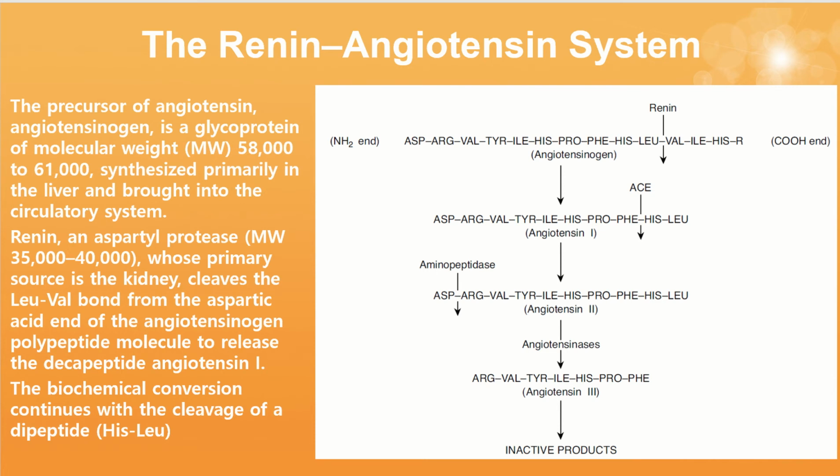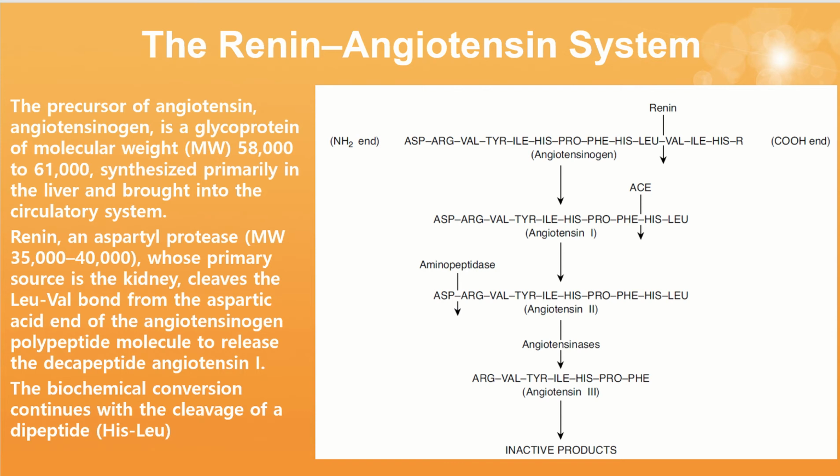So the precursor of angiotensin is angiotensinogen, and it's a glycoprotein of molecular weight 58,000 to 61,000, synthesized primarily in the liver and brought into the circulatory system. Renin is a protease that's clearly smaller molecular weight, whose primary source is the kidney, however.